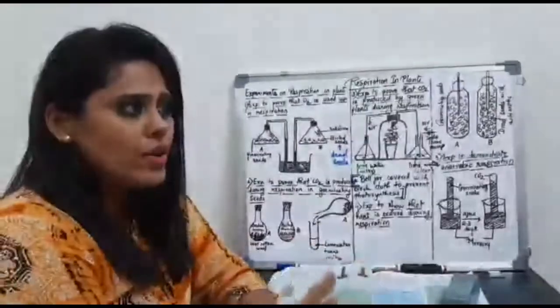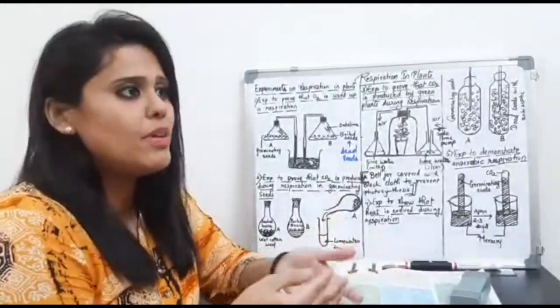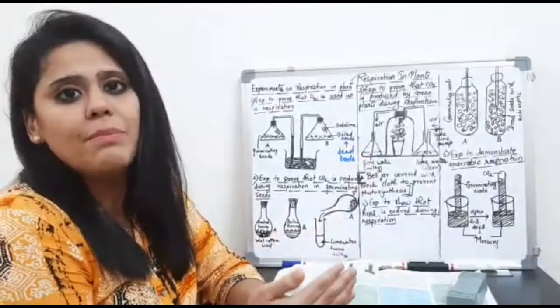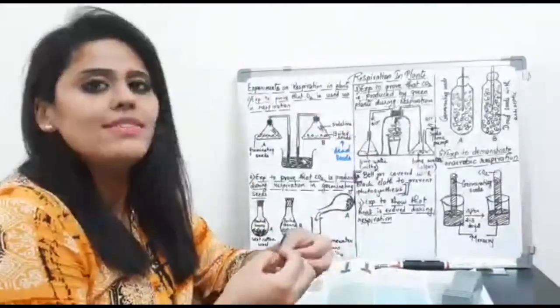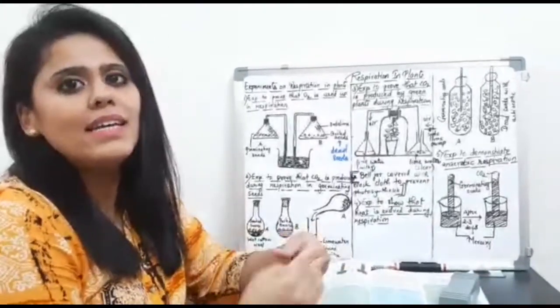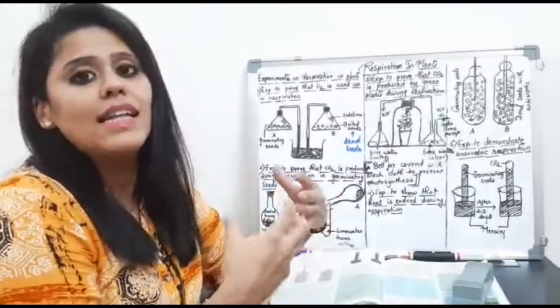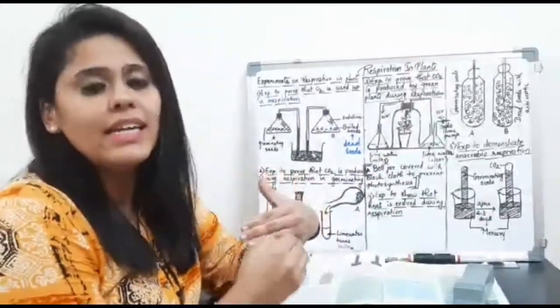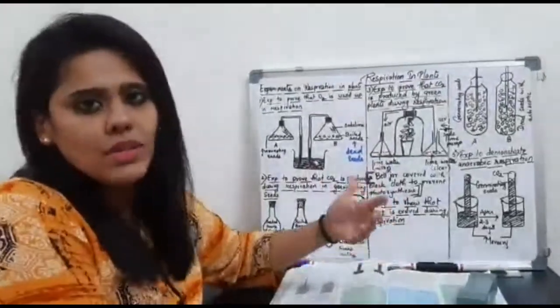Students, as we all know, respiration is a catabolic process, as in it involves the breakdown of glucose, and it is obvious that when the glucose is being broken down, there is the release of energy, there is production of heat in this process. Now, how do we prove this experiment?